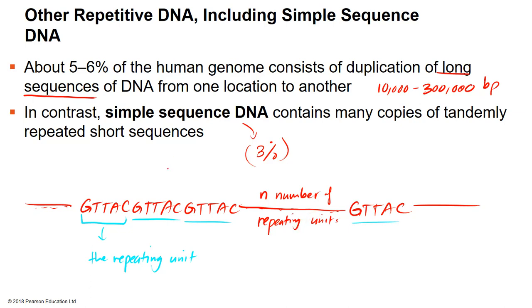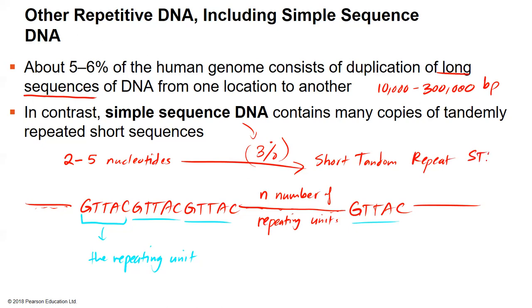Some of these simple sequences might contain from 2 to 5 nucleotides, and in this case, they are called short tandem repeats, or STR.